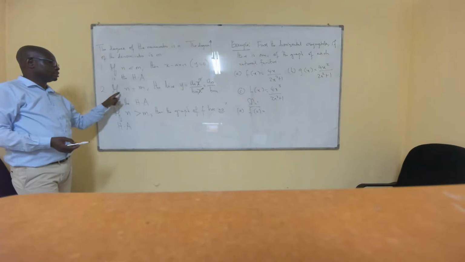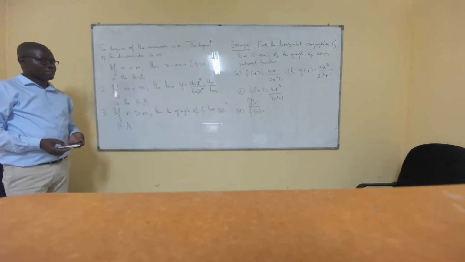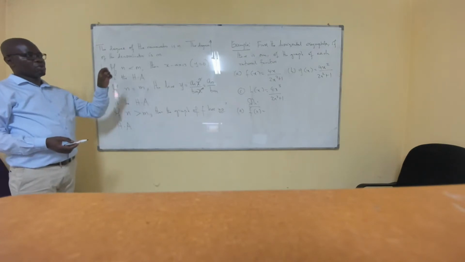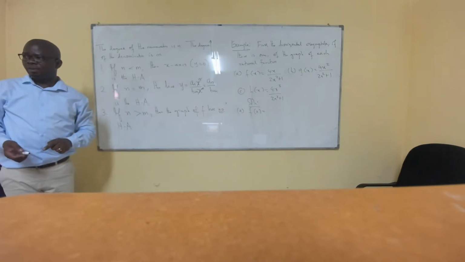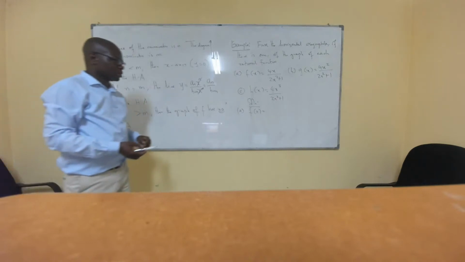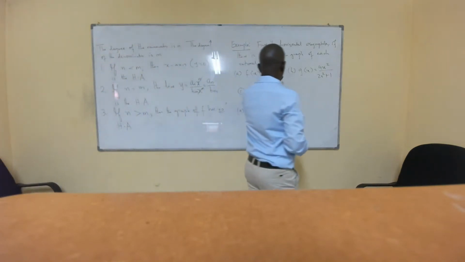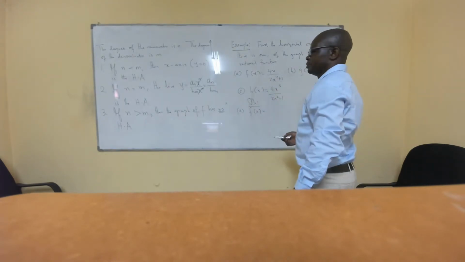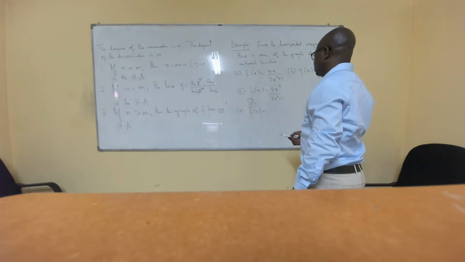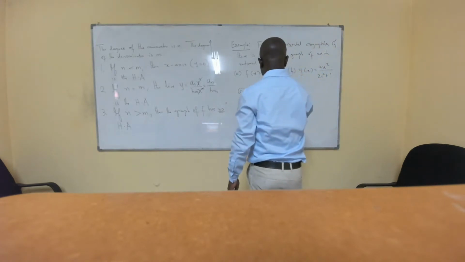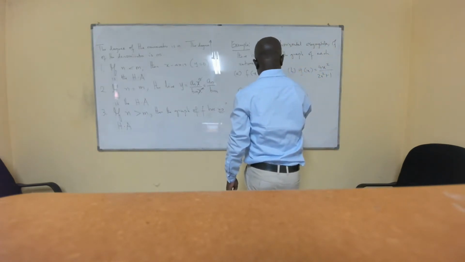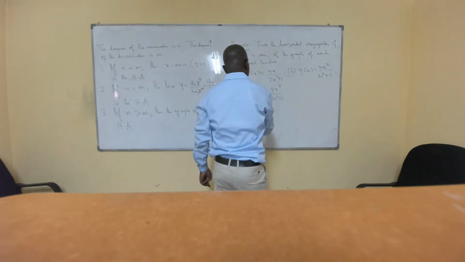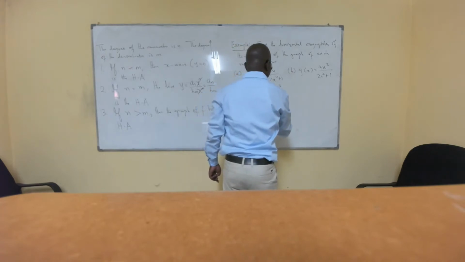However, if the two powers are the same, then the horizontal asymptote will just be the ratio of the leading coefficients. In this particular case, the degree of this is smaller than the degree of this part. Therefore, the horizontal asymptote is y equal to 0.